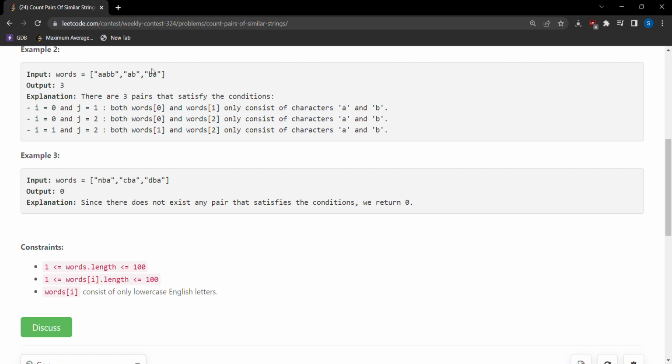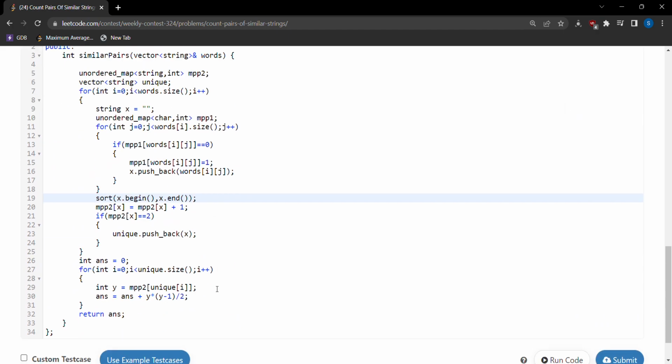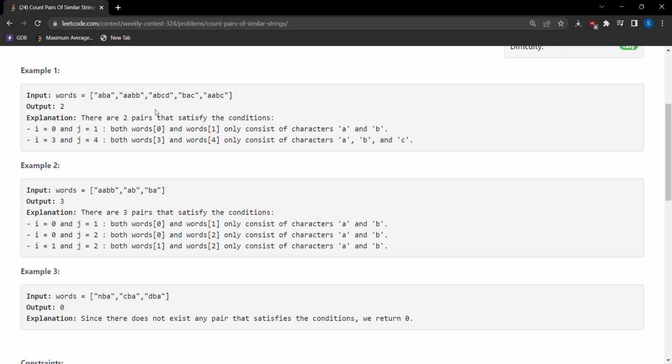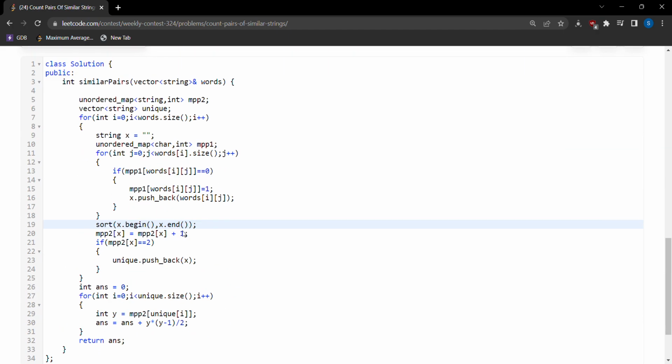But this one would give us ba. So if we do not sort this string x, then ab would never be equal to ba, right? Hence we sort it. That's why ab would be equal to ab, hence we'll be finding it similar.